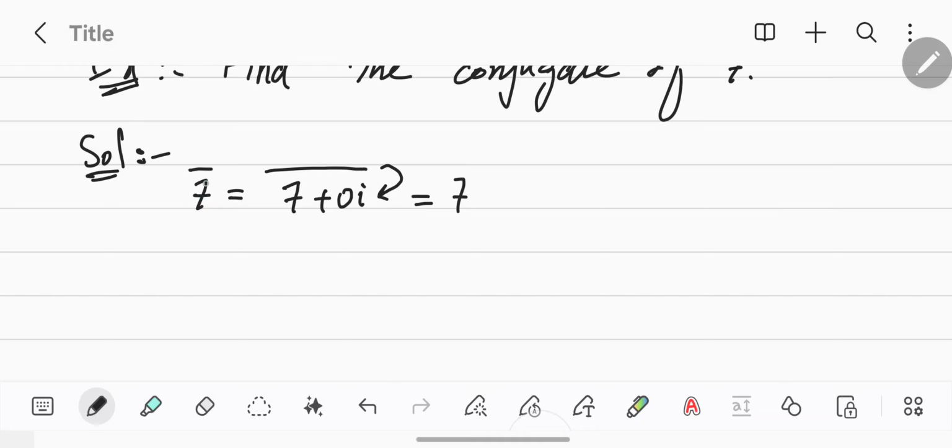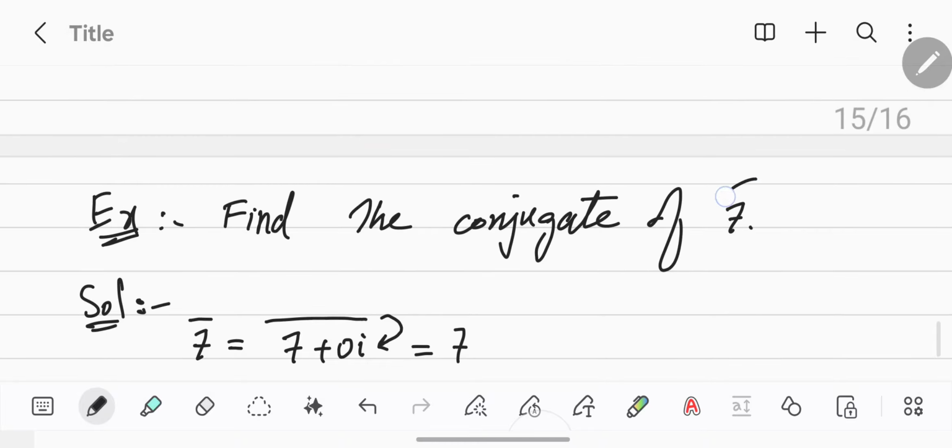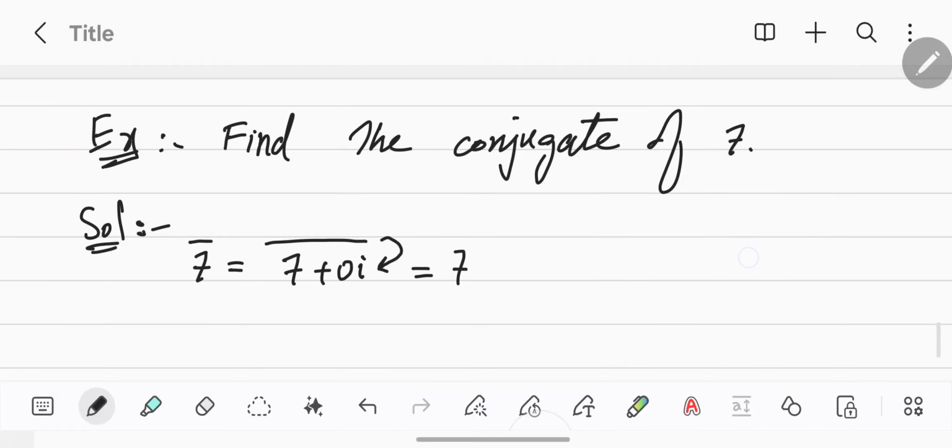So what does that mean? This means if you have a pure real number, you can see this is a pure real number because there is no iota involved in this term. So if there is a complex number which has no iota terms involved in it, then its conjugate will get unchanged, right?